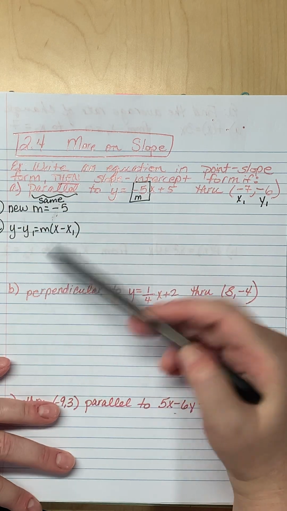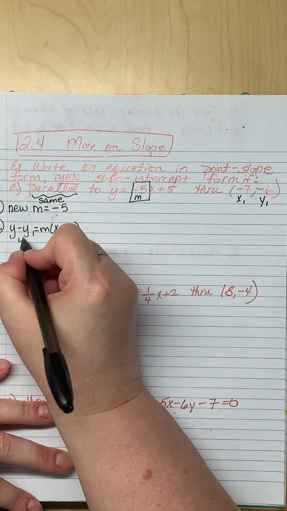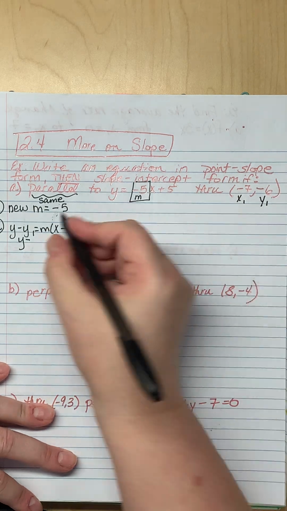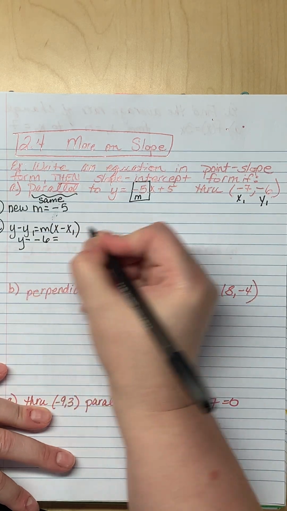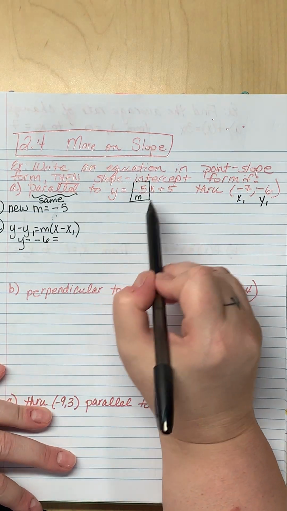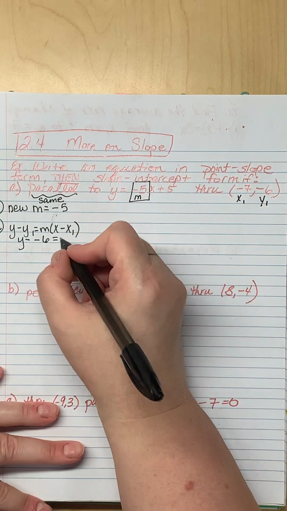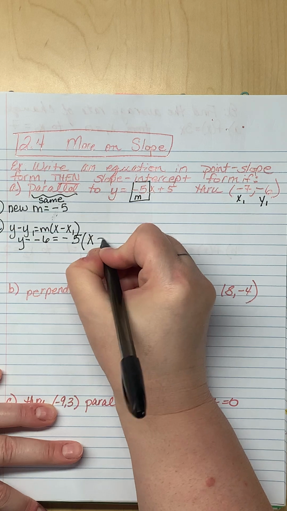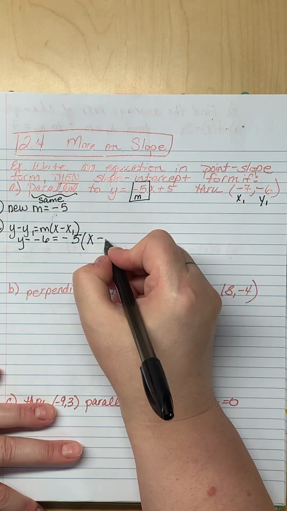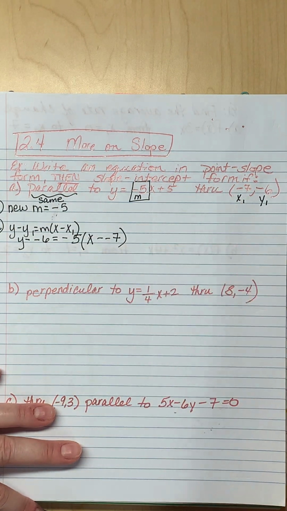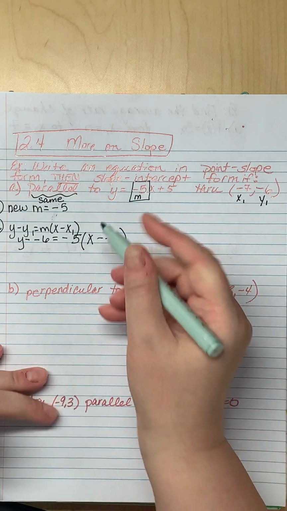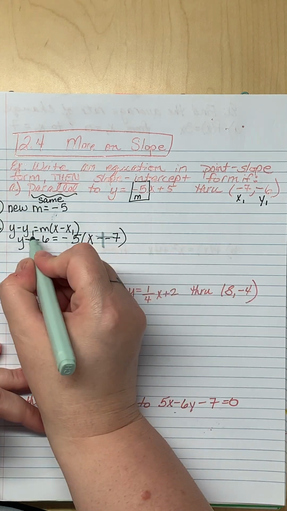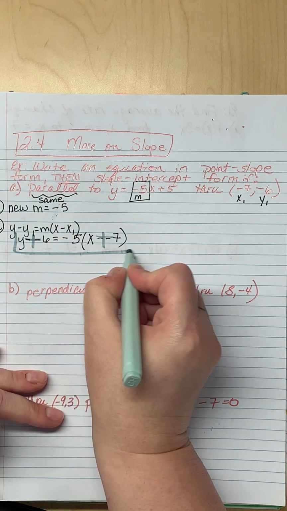And we're gonna get y minus my y1 is -6 equals my m, not my old m, my new m, which just so happened to be the same, -5, parentheses, x minus my x1 is -7. And then you're just gonna clean up these double negatives and type it in your homework for the point slope.